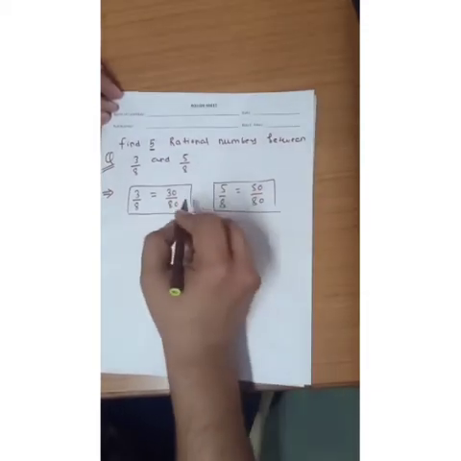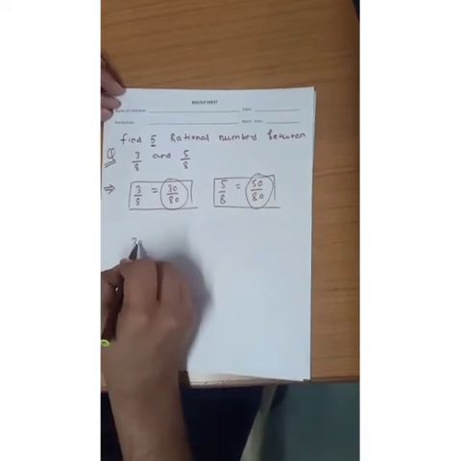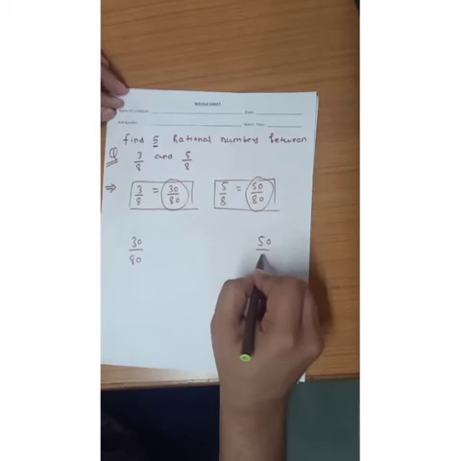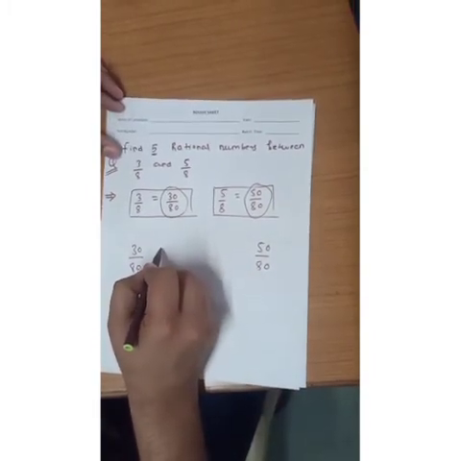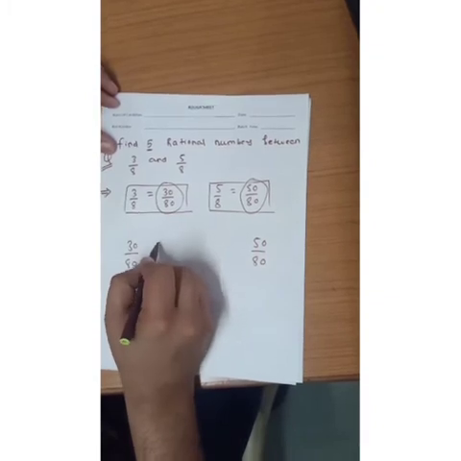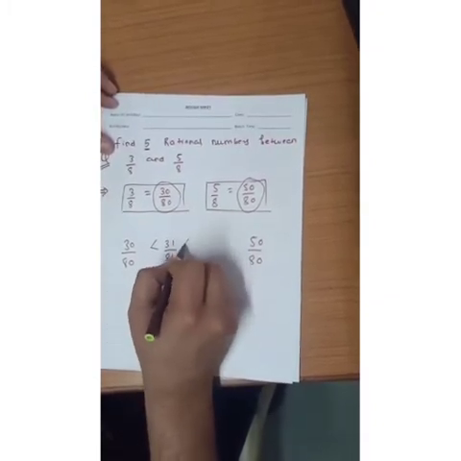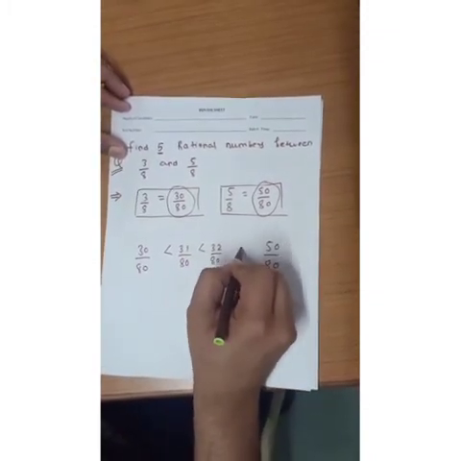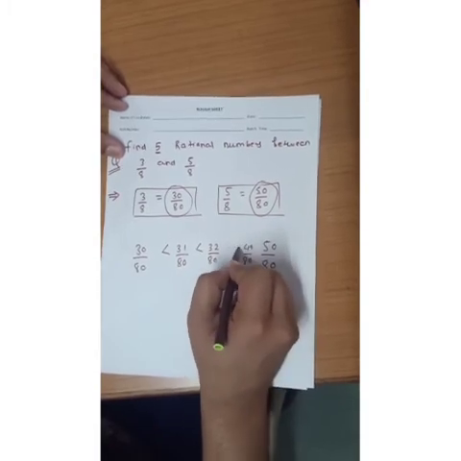Now you have to find the numbers between 30 by 80 and 50 by 80. Lots of numbers are there: 31 by 80, 32 by 80, and so on until 49 by 80.